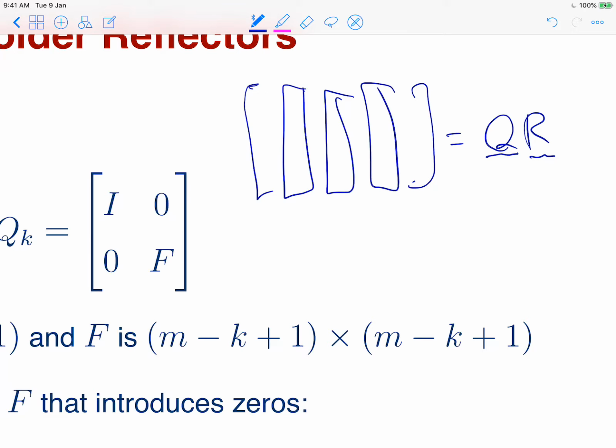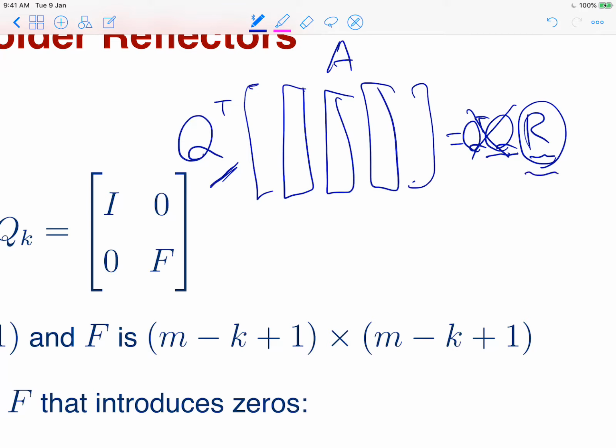So in this case, this is our matrix A, and if we just multiply Q transpose on the left, then this part is gone. Then we need to obtain this matrix R, which is upper triangular, by multiplying the orthogonal matrix on the left, or the transpose of an orthogonal matrix. But if Q is orthogonal, then Q transpose is also orthogonal.